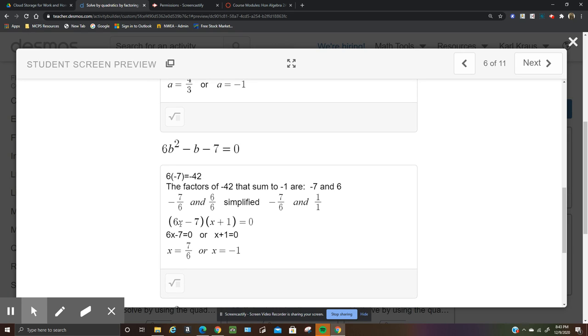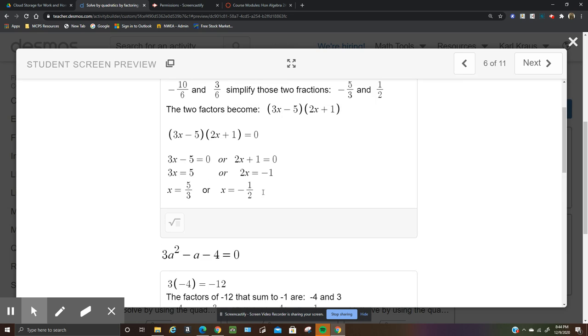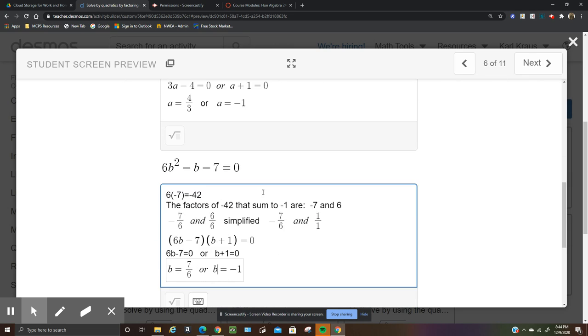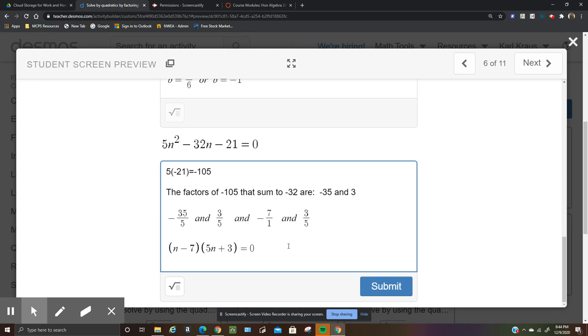And I should have used b here, just to be consistent. Let me make these b's here. Let me make sure I did all the variables correct here. Should be a b. Second one is a. First one's x. No, I got them all with the right variable.